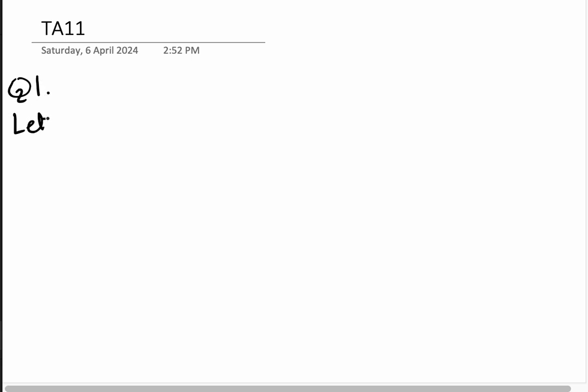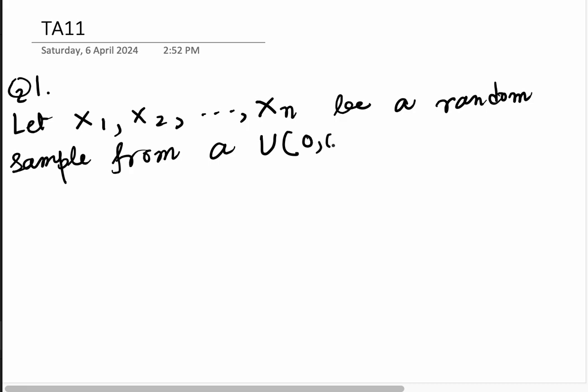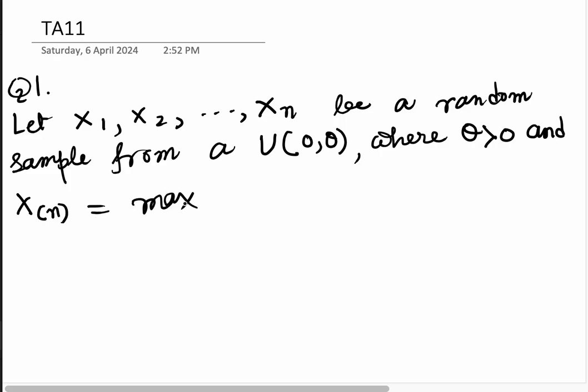Let X1, X2, ..., Xn be a random sample from a uniform distribution U(0, theta), where theta is greater than 0, and X(n) equal to the maximum of X1 to Xn.